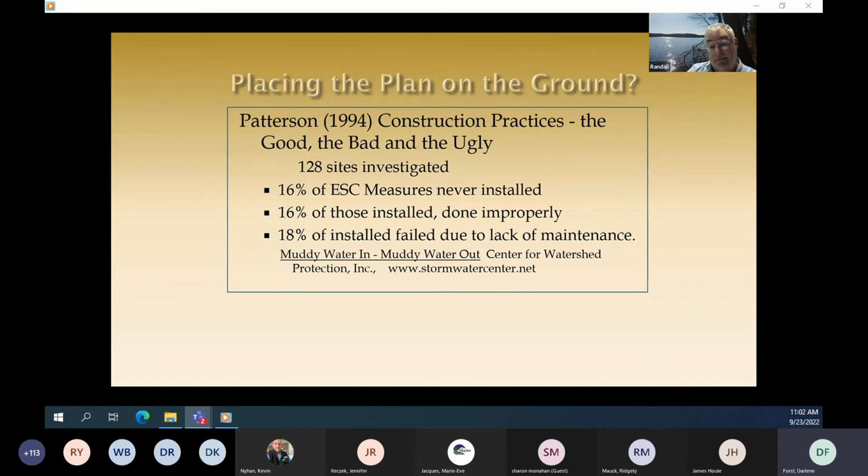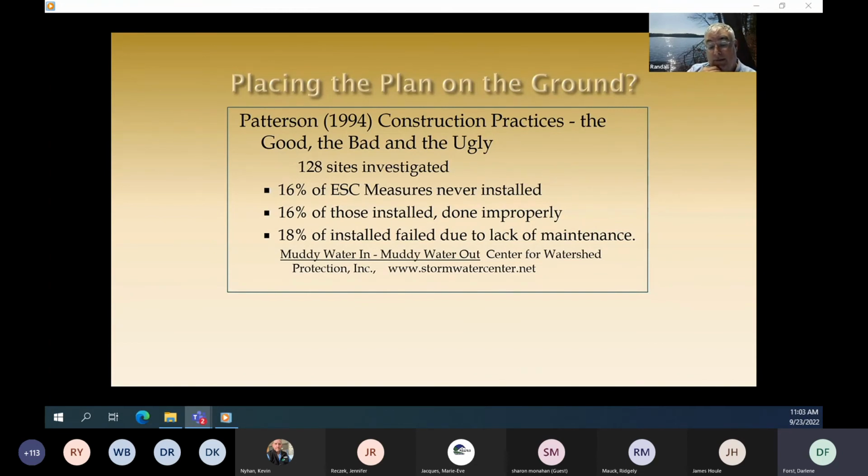And while this may seem like a long time ago for some people, it's really not that far away. A more recent study from the EPA found up to 68 to 80% of BMPs on construction sites still not being installed properly, not being designed properly, causing issues, and not being maintained, which is a huge issue.